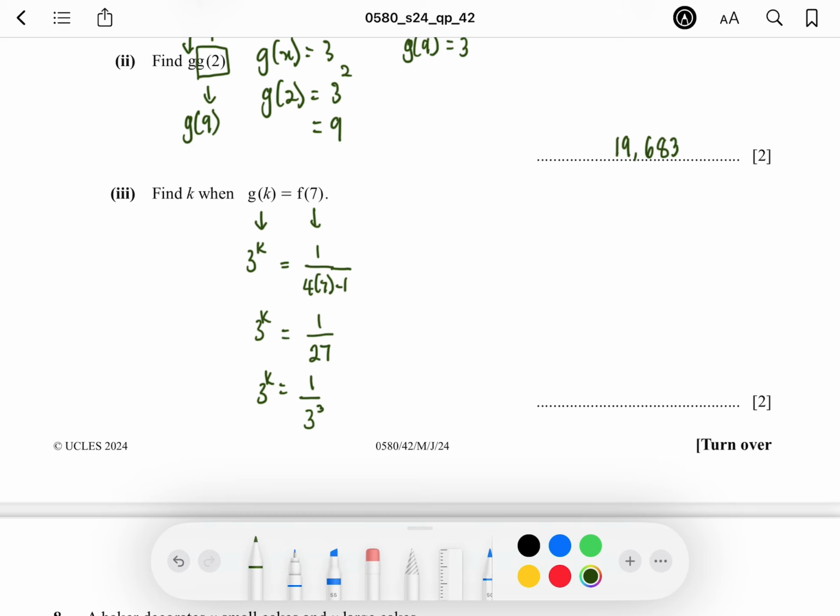When you get to this one, suddenly k equals 2, k equals 3, teacher. Wrong. Why? Because that is a reciprocal. It's not exact. So you change it. Base 3, 1 over 27 equals 3 to the power of negative 3. So the answer is k is negative 3. Okay?